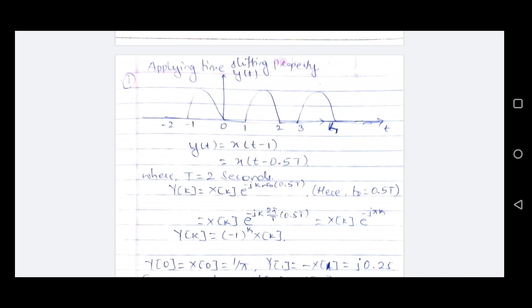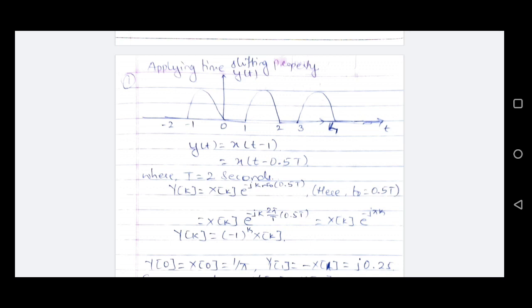So the Fourier series coefficients of the signal y of t will be equal to the Fourier series coefficients of the signal x of t, represented by x of k, but these x of k values will be multiplied by the exponential e to the power minus jk omega naught t naught.